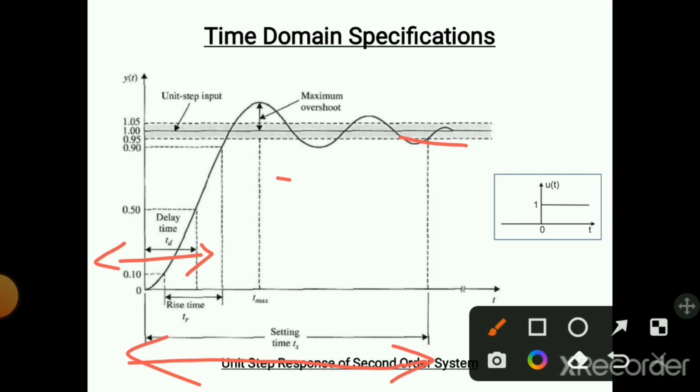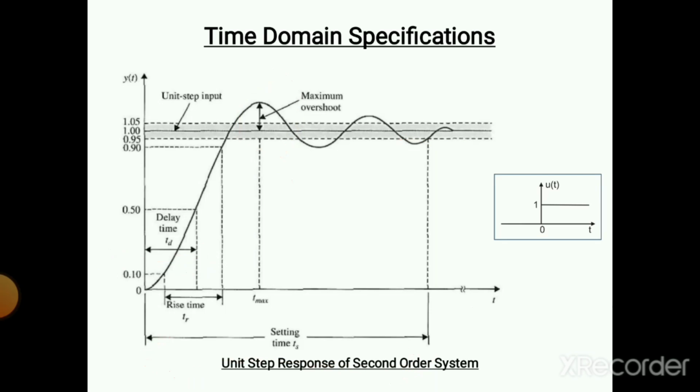Here maximum overshoot is shown. Some peaks are observed: one peak, second peak, third peak. Whichever peak is maximum is called maximum overshoot. Like this you can see the definitions in time domain specifications.